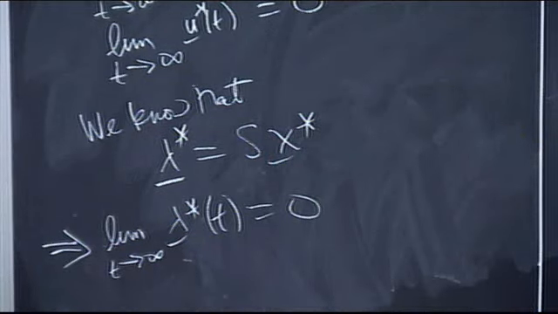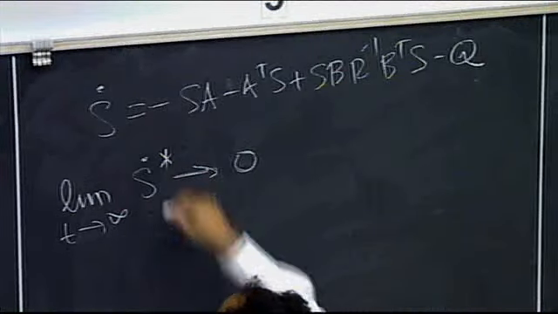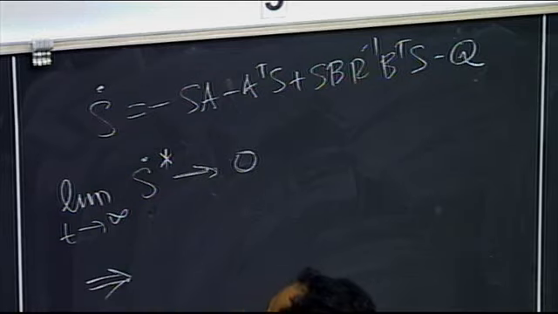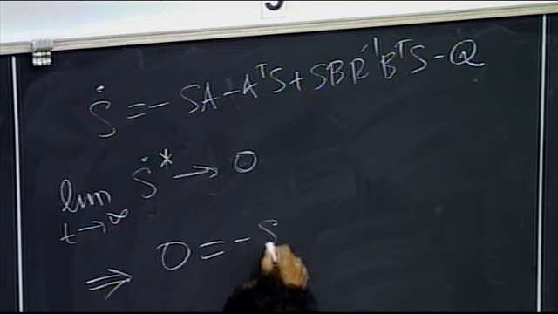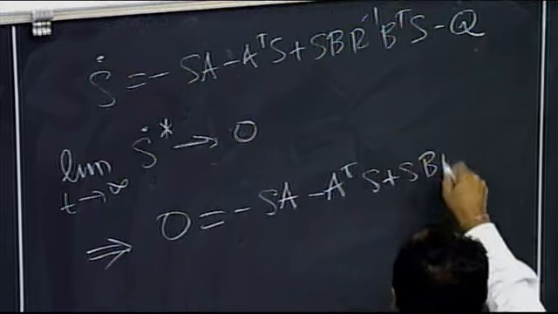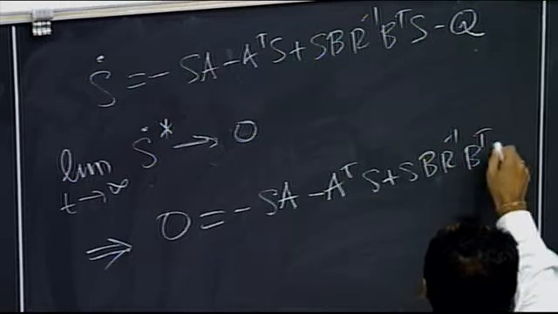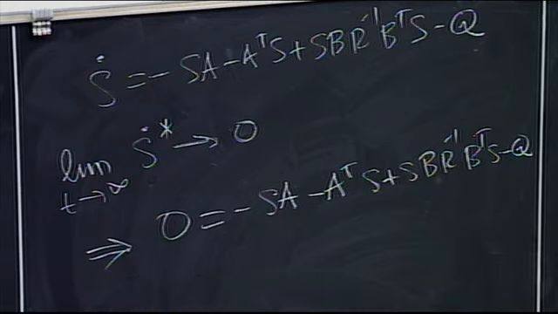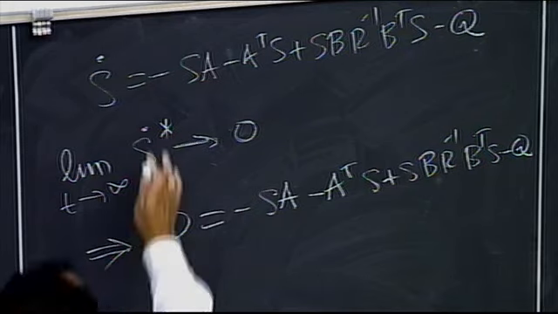So this is a requirement that has to be there, that the optimal value of S dot has to equal 0, which means that on the infinite horizon problem, we have to have this. Sorry, not S dot, S, has to equal 0, which means this has to be true.